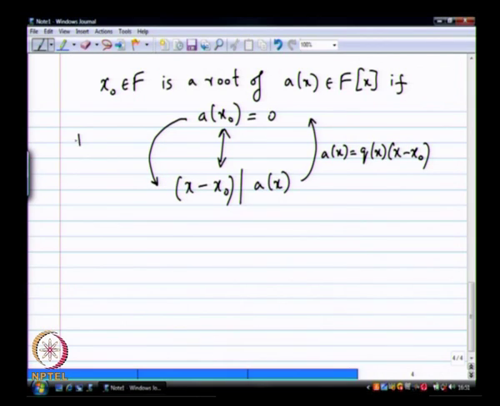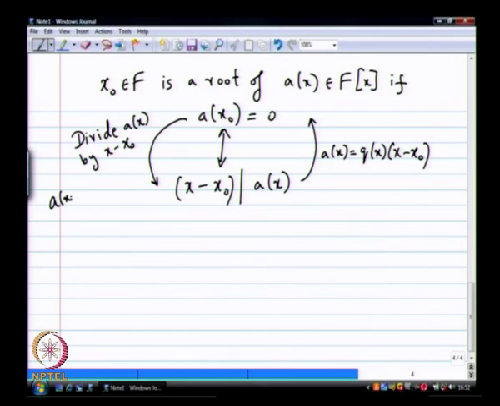The way to do it is, you have to take A(x) and divide by x minus x naught. What will be the degree of the remainder? It has to be degree 0, so it will be a constant, because it has to be strictly less than the degree of what you are dividing by. So what are you getting?